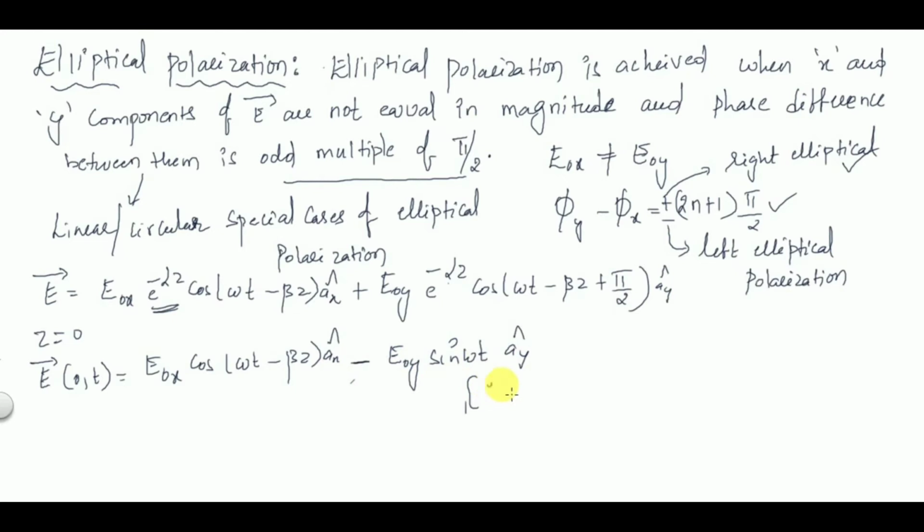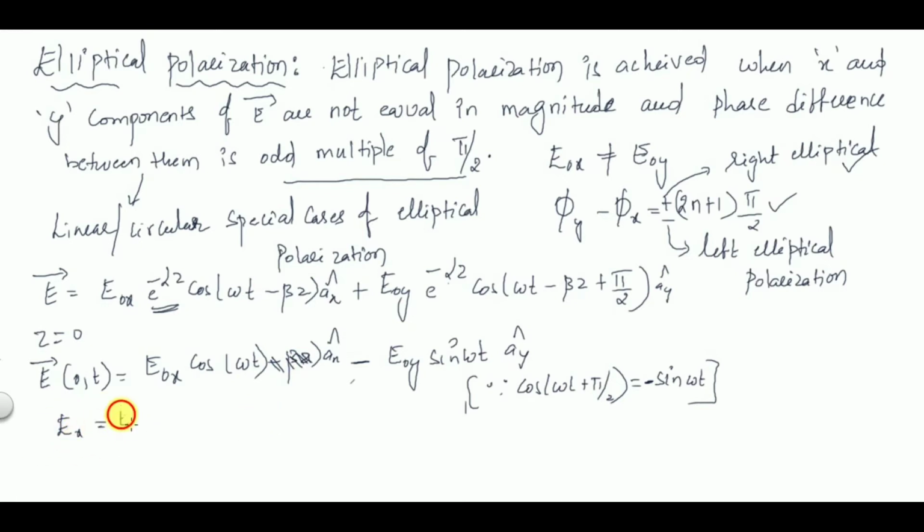Because cos of omega t plus pi by 2 is minus sine omega t. This beta z is also vanishing, so no beta z here, cos of omega t only.